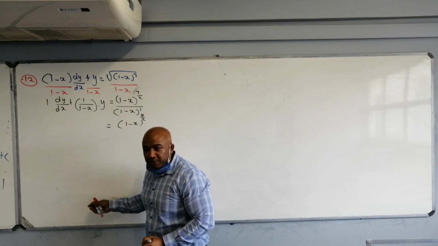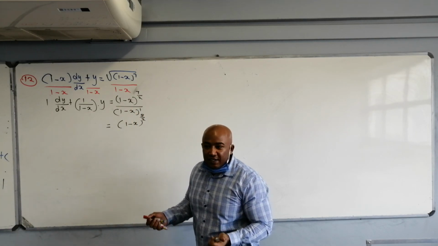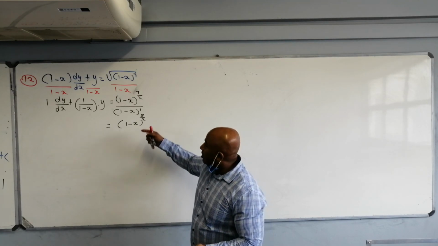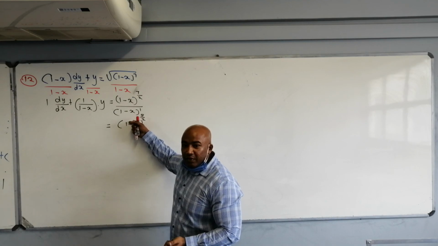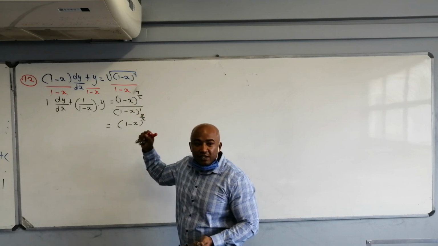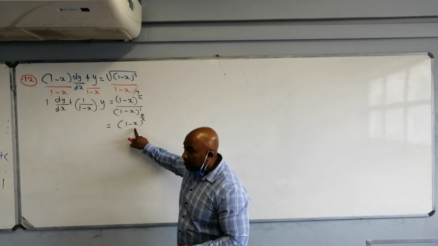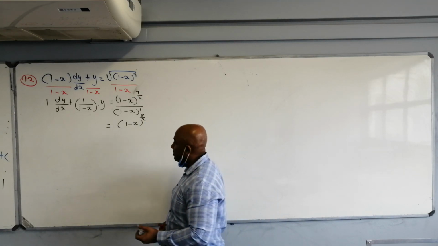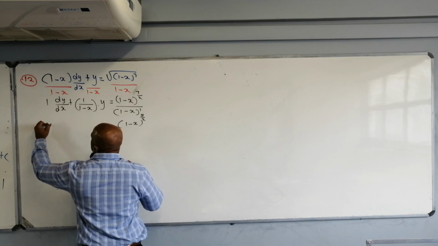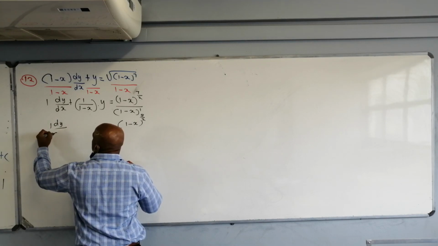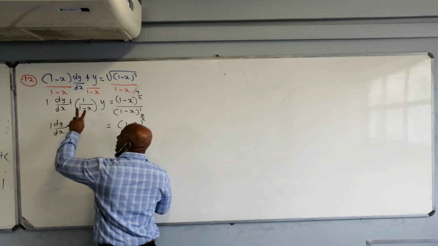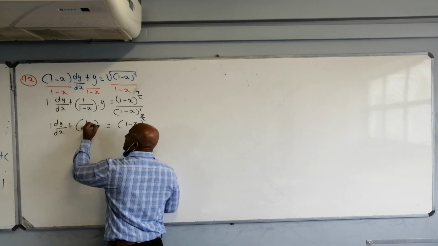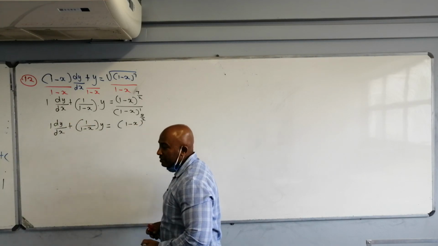You have to know your exponent laws. Because the bases are the same and you are dividing, you write down the base once, top exponent minus bottom exponent. On the left hand side, there's nothing more to do. You also have to write this as a fraction here, times y.